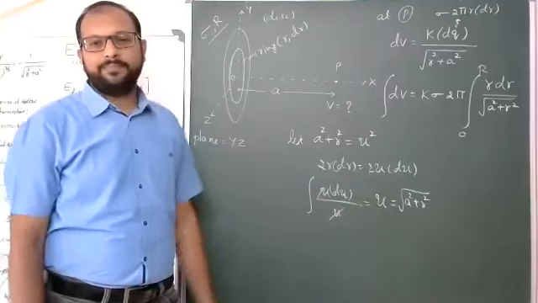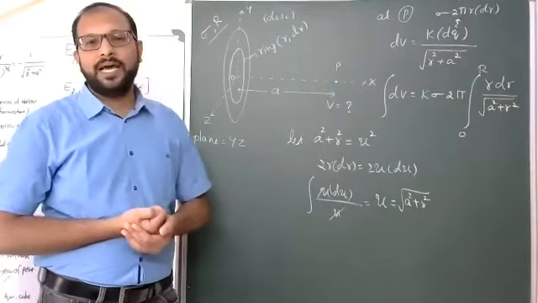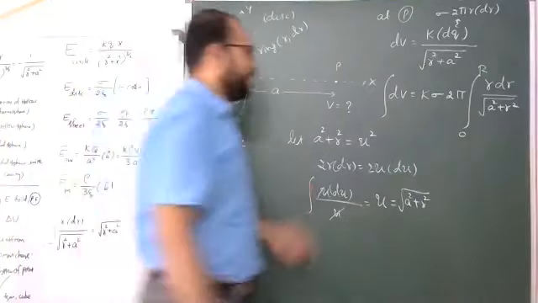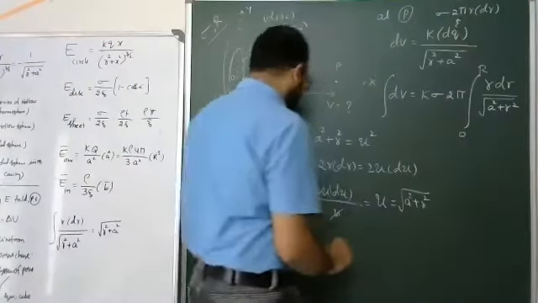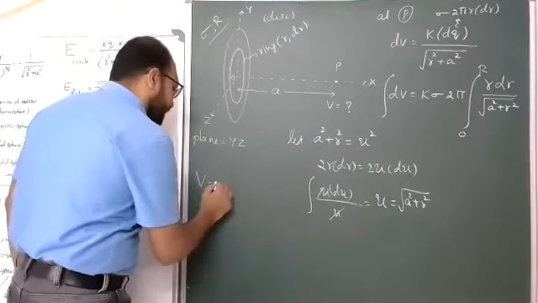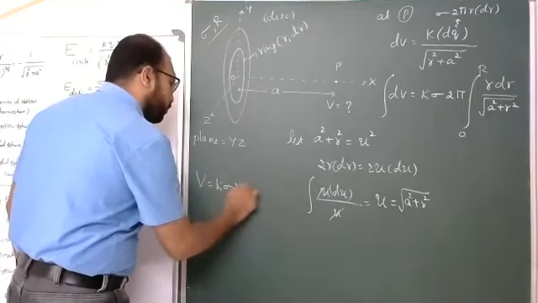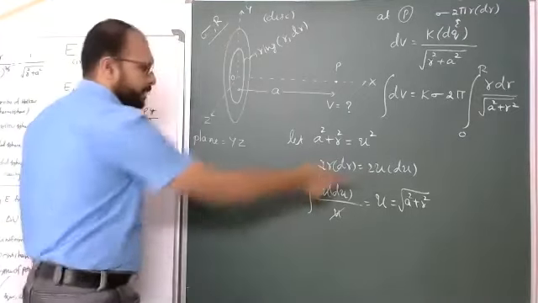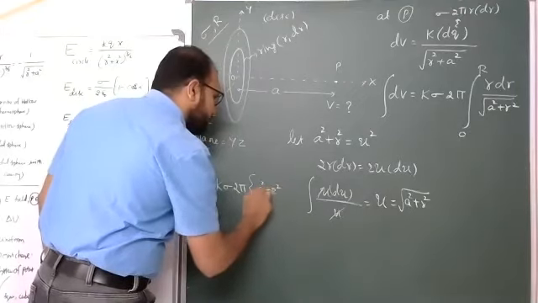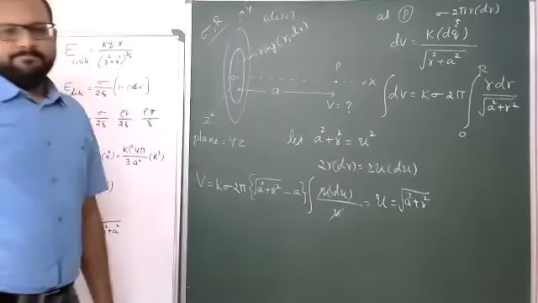Final answer. Now the lower limit and the upper limit we already know, 0 to capital R. We should now substitute the upper limit minus the lower limit. So after substitution, students, I am writing the potential V equals K sigma 2 pi into, upper limit root over a square plus R square, minus a.